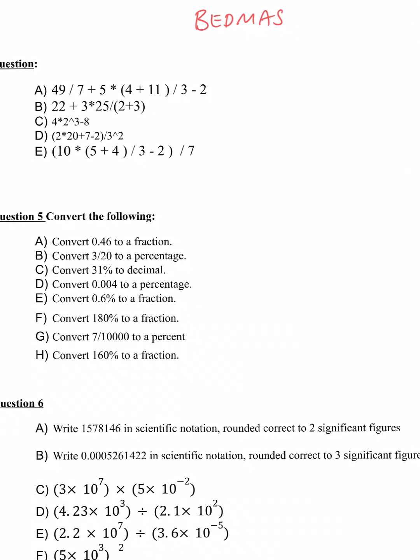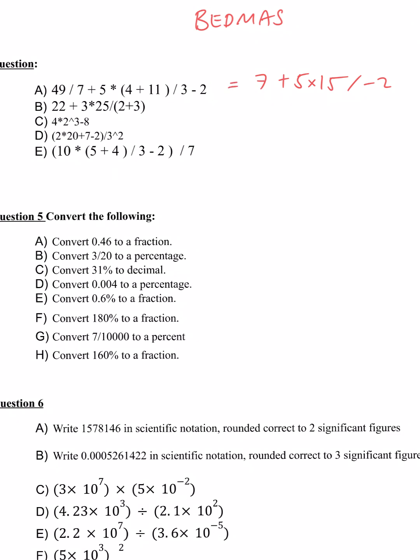So 4 plus 11 is 15. And then everything else I'm going to leave there. So just write it all down. 5 times. So again, that little star symbol there, the asterisk, that's a times. Now, 49 divided by 7. I'm going to go ahead and do that because the only thing connecting it there is a plus. There'll be no conflict. So 49 divided by 7 is 7.